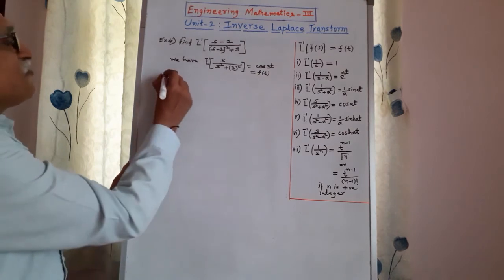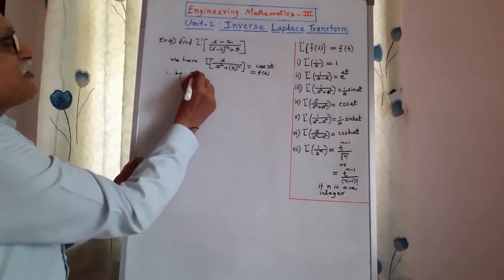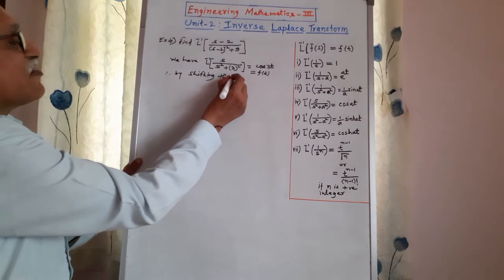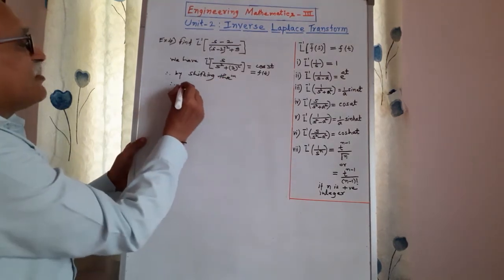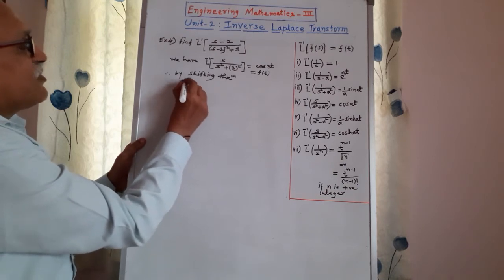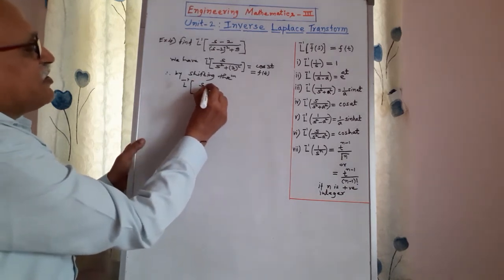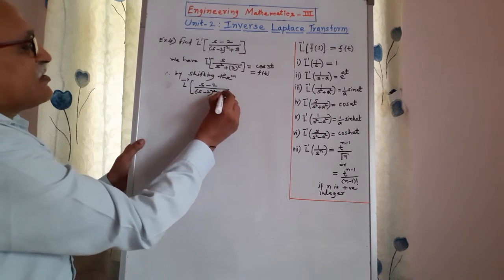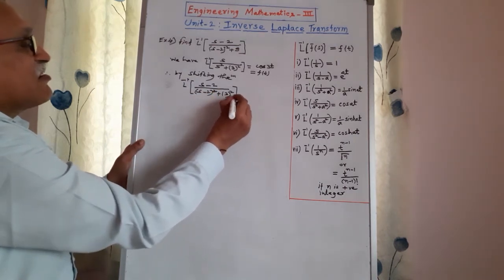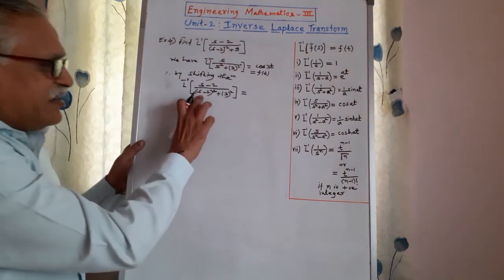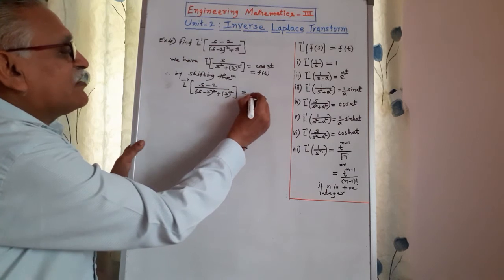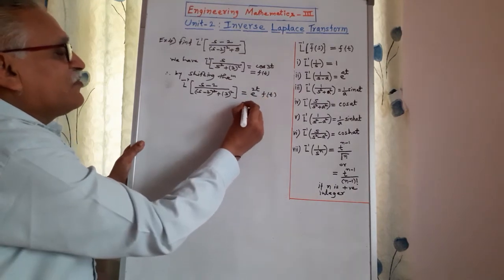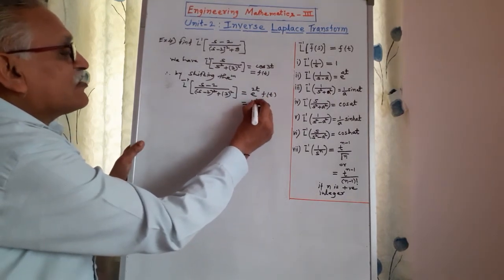Okay, and therefore by the shifting theorem, inverse Laplace of (s minus 2) divided by (s minus 2) square plus 3 square is an s minus a type of term, therefore it is e raised to at, a is here 2, so e raised to 2t into f of t.